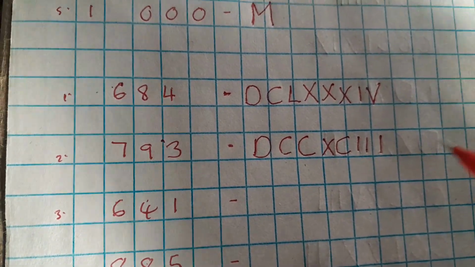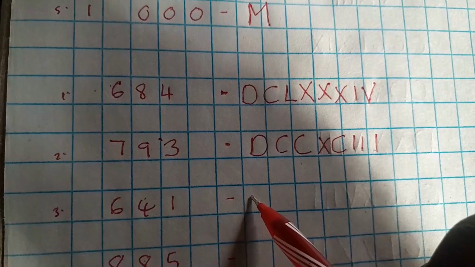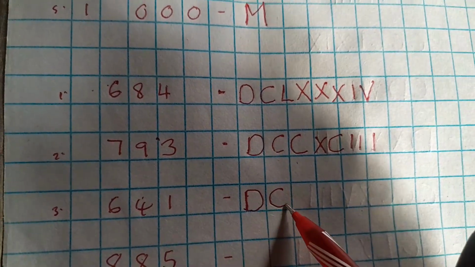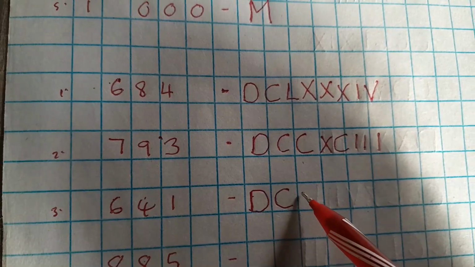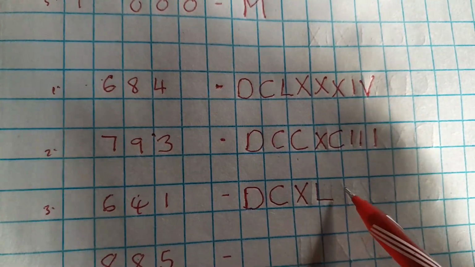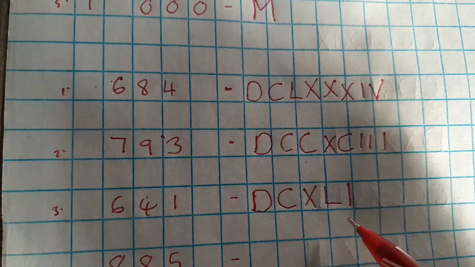Okay, there. Now the next sum, 641. First, let's write 600. That's simple, D, C. So we have our 600. Now let's write 41. 41 is X, L, I. So you have 641.